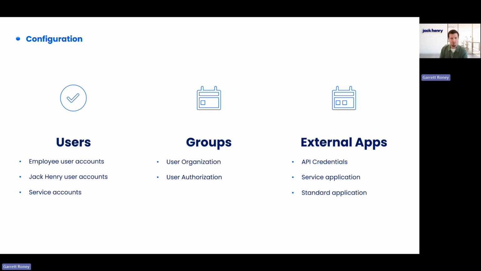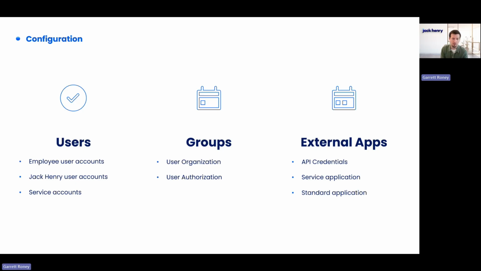And then lastly, you have this external apps concept. The external apps are just API credentials, and there are two different types of applications you can configure. You can configure service applications, which again, that's more of your client credential flow, where you're issuing a client ID and giving that product application access to APIs.